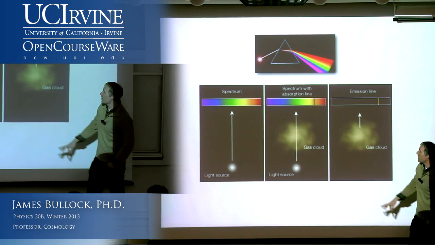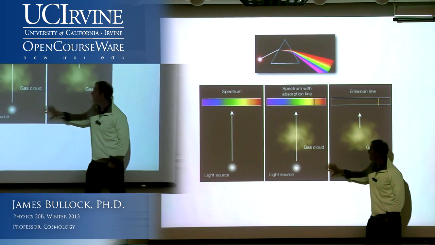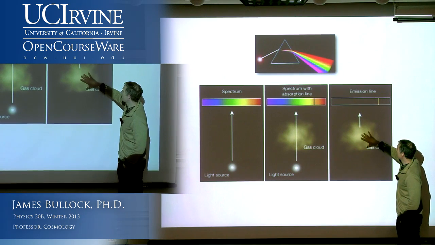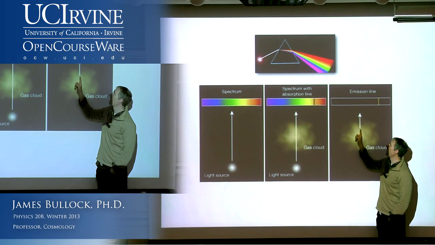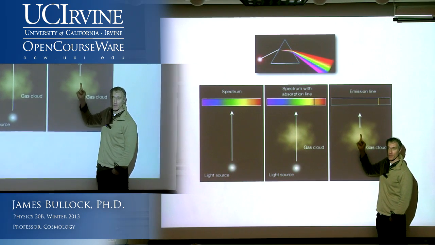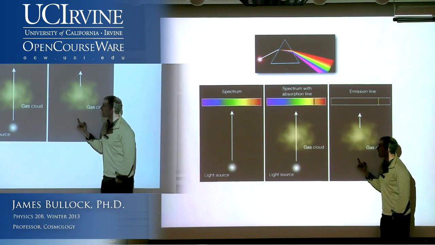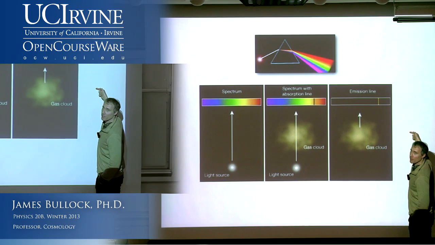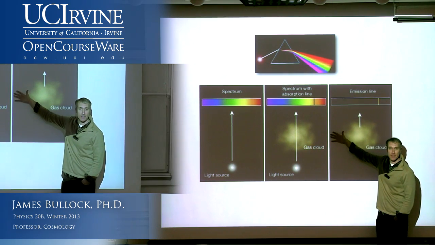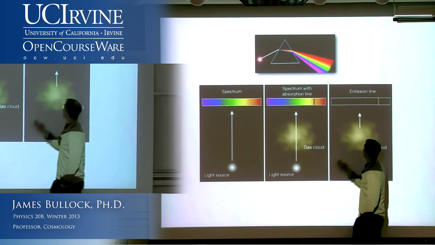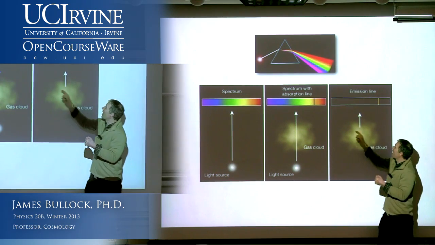Another possibility is, imagine you don't have the light source at all. Imagine, for example, you have a telescope here, and you're just looking at light coming from this direction. There's no light source behind it. There's another object over here that you're not looking at and can't see, that shone through this gas, and the gas caught all the light that was this color.